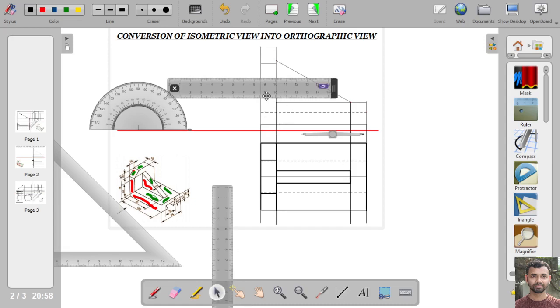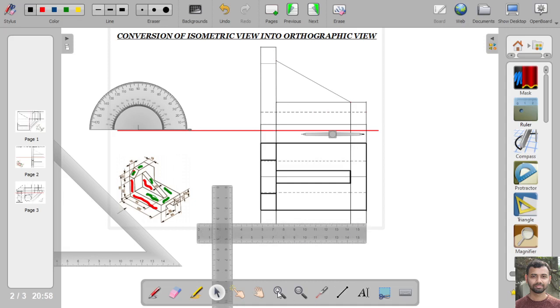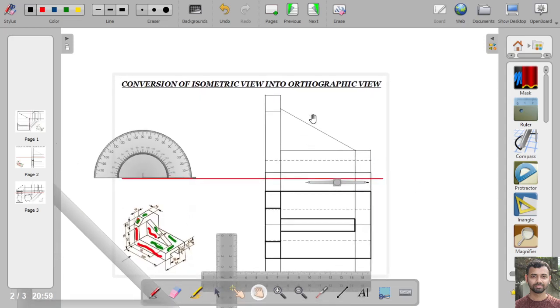Similarly, we will draw the outlines with the help of an HB pencil in the front view. So in the front view, we'll make the outline thick.